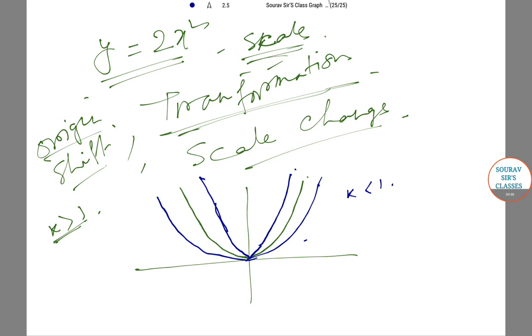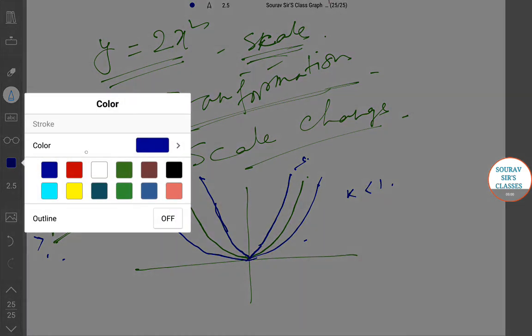When k is increasing, the graph will be steeper again.